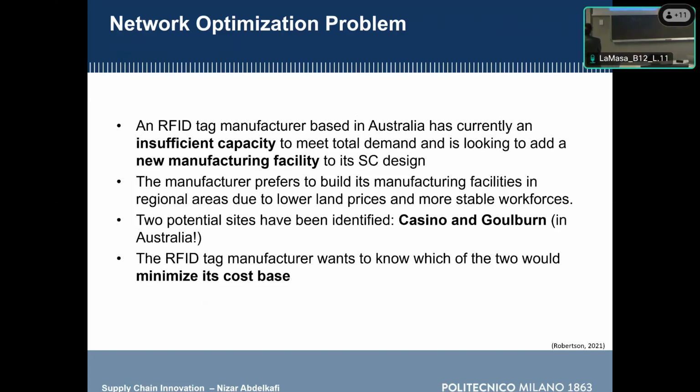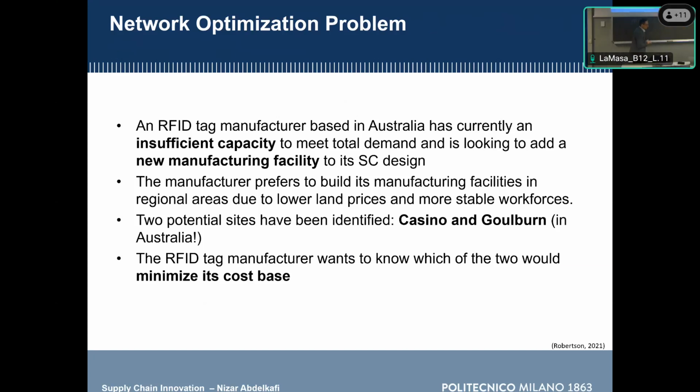The manufacturer prefers to build its manufacturing facilities in regional areas due to lower land prices and more stable workforces. Two potential sites have been identified, Casino and Goulburn in Australia. The RFID tag manufacturer wants to know which of the two would minimize its cost base.